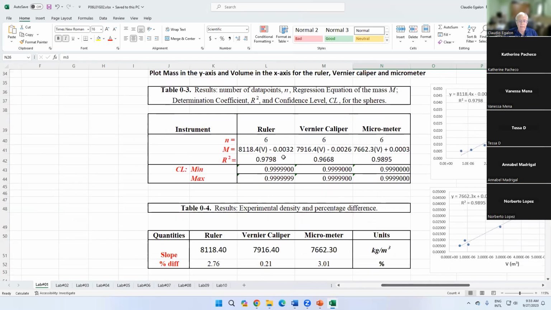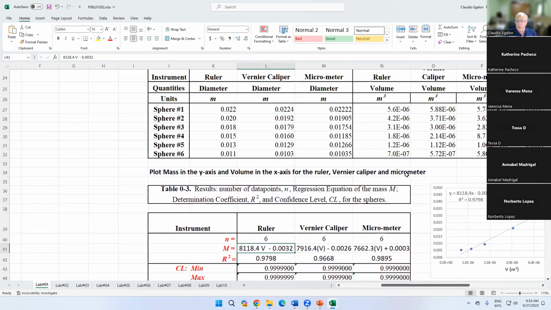And good. Okay. I suggest that you don't put the parentheses here for the V, right? There's no need to do that. Okay, and I see everything here.